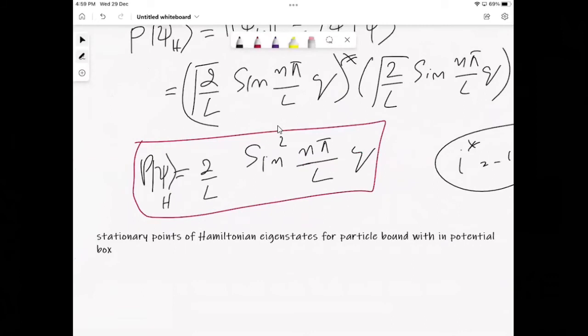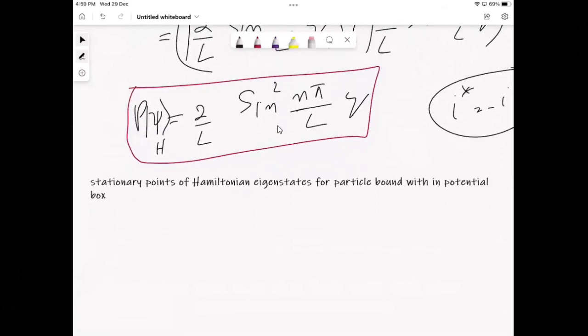What will be the stationary points for Hamiltonian eigenstates for particle bound within the potential path? उसके क्या होंगी stationary point?